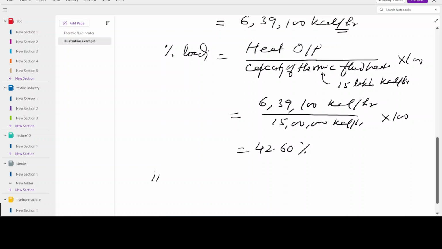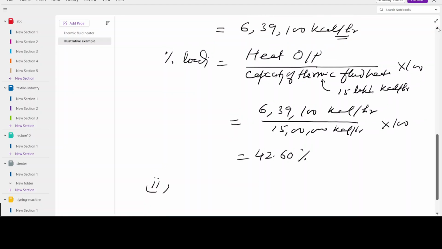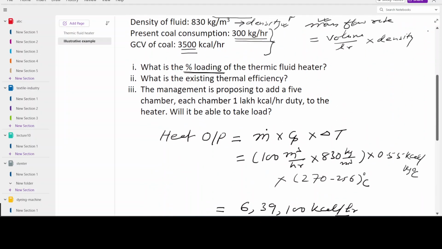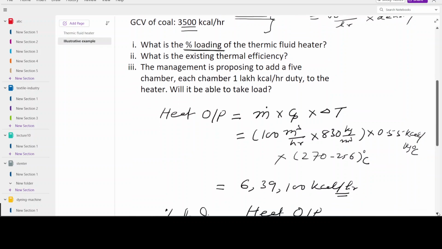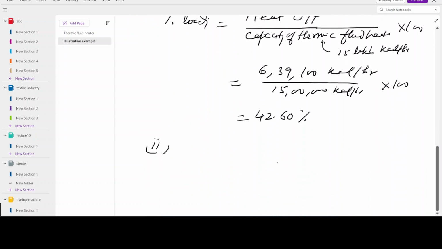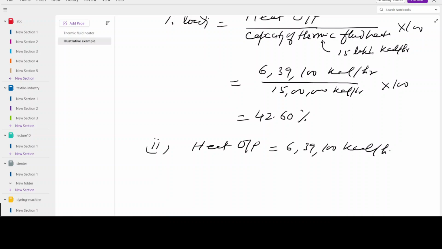The second part of the question is: what is the existing thermal efficiency? For thermal efficiency, we have already found the heat output, which is 6,39,100 kilocalorie per hour. We have to find the heat input.